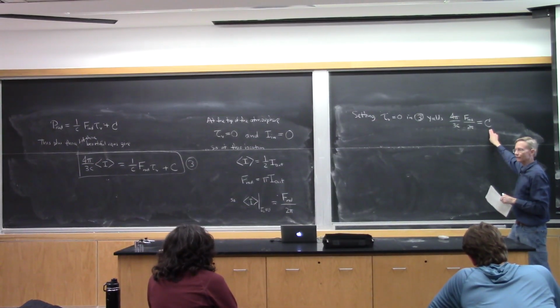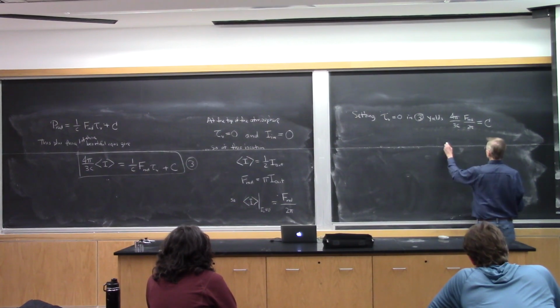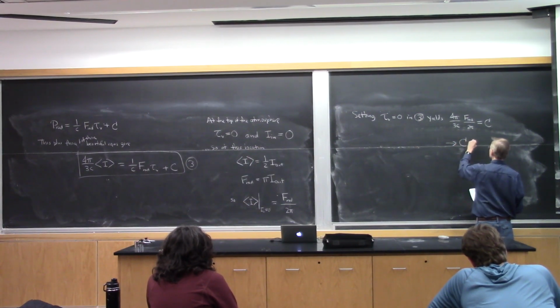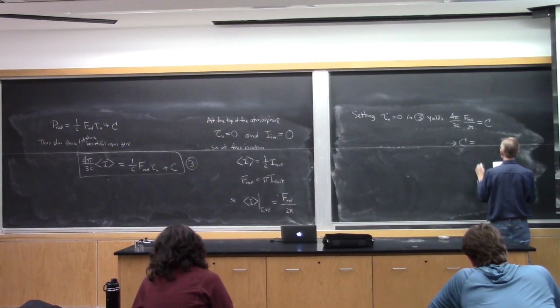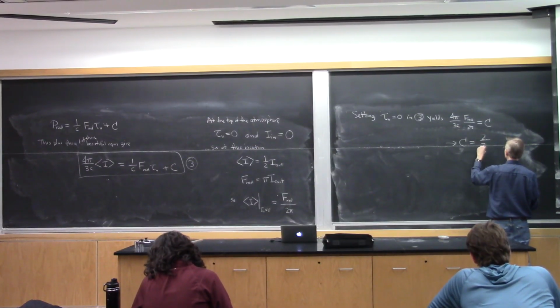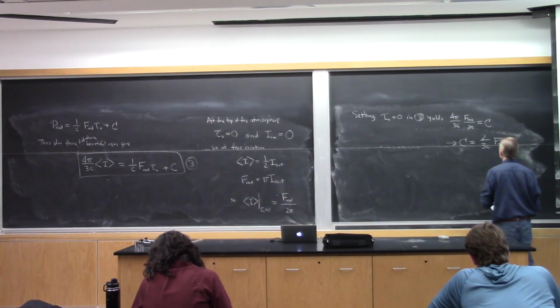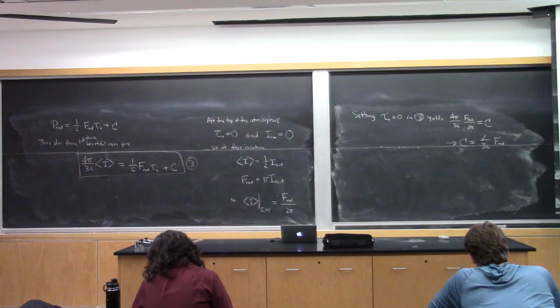First, we had the unknown constant of integration. Now we know it. This says that the constant of integration is 2 over 3c times the net constant radiated flux.